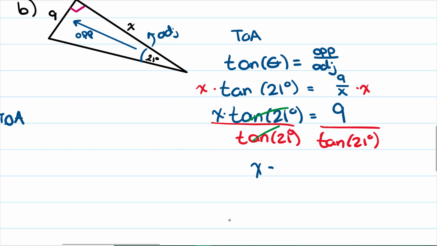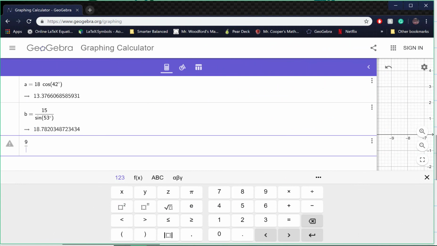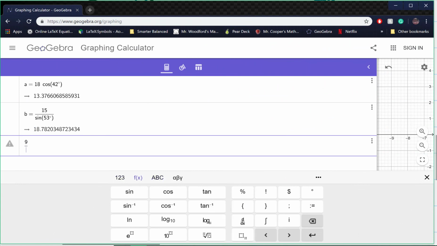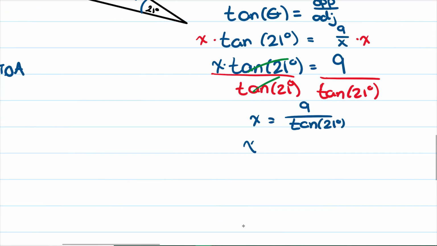And you get x is equal to 9 over tangent of 21 degrees. And then you put that in your calculator. And you get 23.44. But we want to go ahead and round that to the nearest tenth, so you get 23.4.